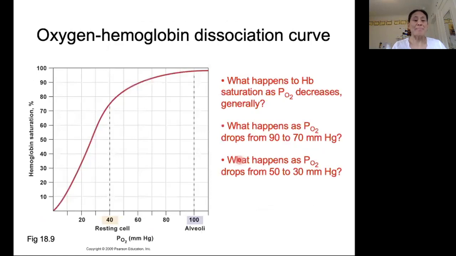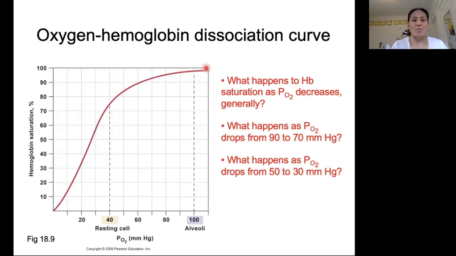All right, coming back to the oxygen hemoglobin dissociation curve, we now know what this y-axis value means, hemoglobin saturation. Now I want you to take a closer look at this curve and think about what it means. I have these questions for you to consider in interpreting this curve.